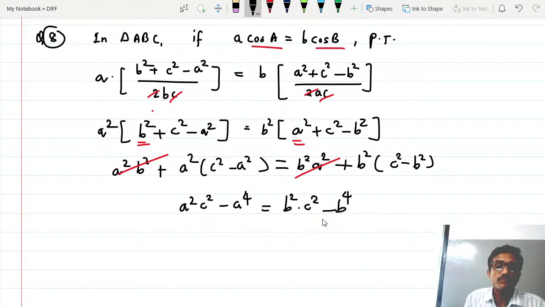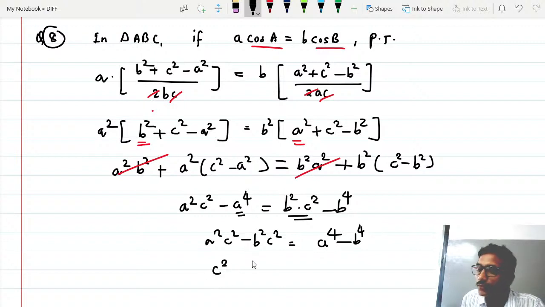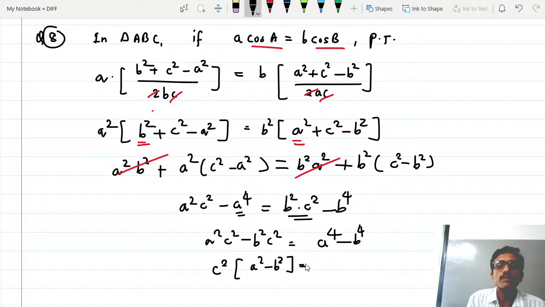Then we'll take this a to the power 4 to the right hand side and b square c square to the left hand side. a square c square minus b square c square is equal to a to the power 4 minus b to the power 4. So we are taking c square common. It will be a square minus b square, and what will be the right hand side?